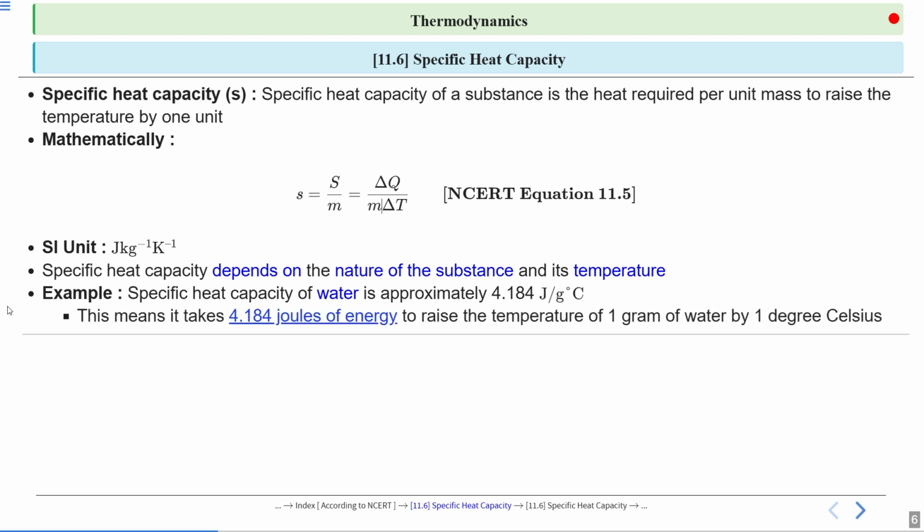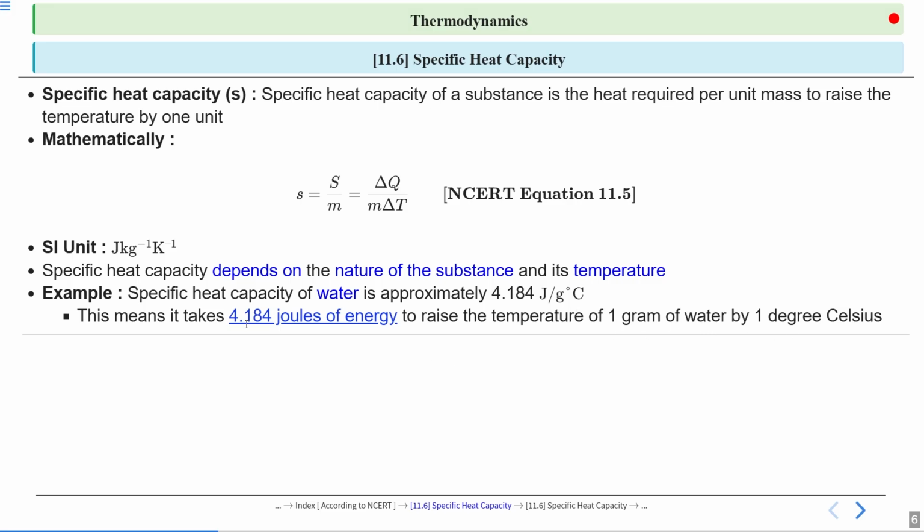Example: the specific heat capacity of water is approximately 4.184 joule per gram per degree Celsius or per Kelvin. The meaning of this term, 4.184 joule per gram per degree Celsius, is that it takes 4.184 joule of energy to raise the temperature of 1 gram of water by 1 degree Celsius.